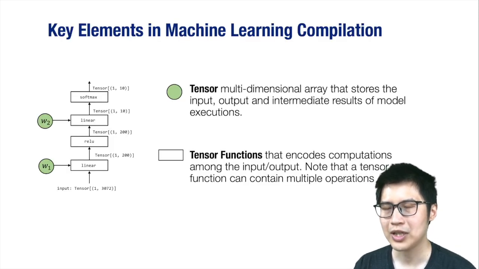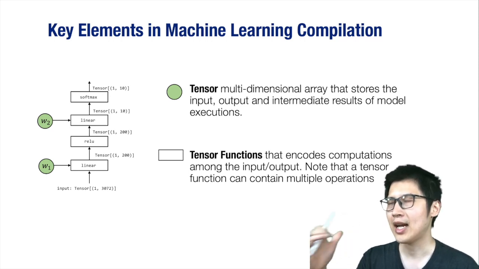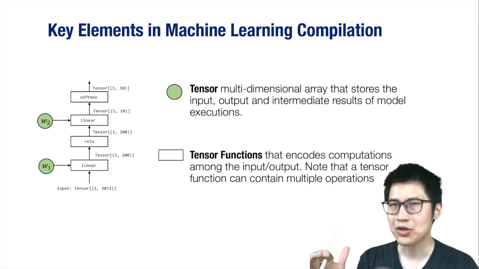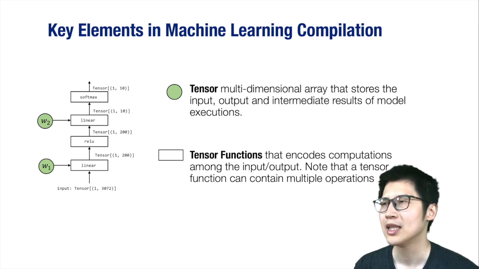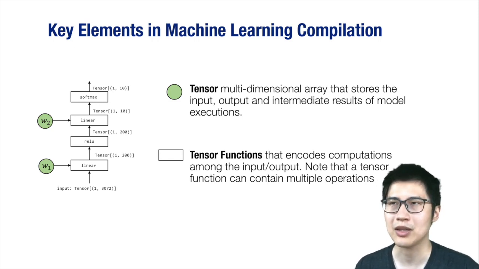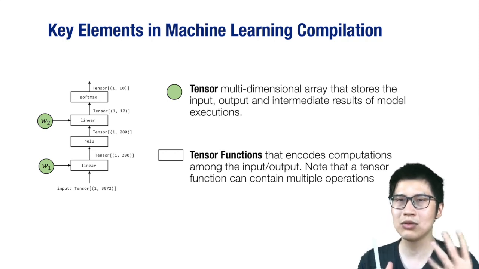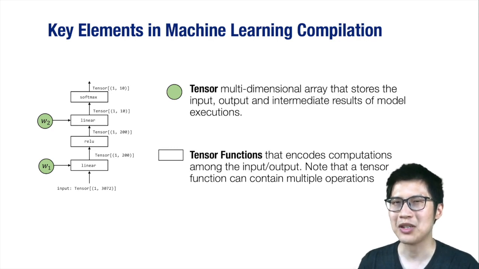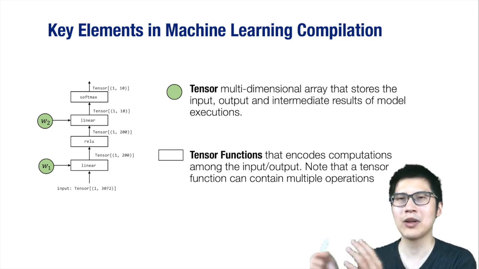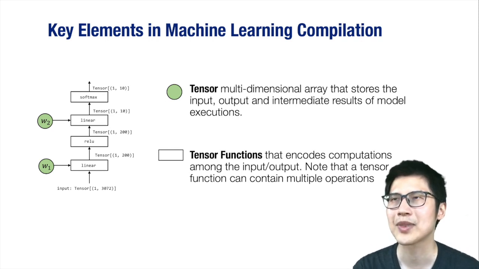In the first part, we talked about how machine learning compilation is a process for us to take high-level model developments and transform them into a deployment form that can be executed effectively on an environment of interest. And to do that, let's dive down another level and talk about how those development form and deployment form look in practice.